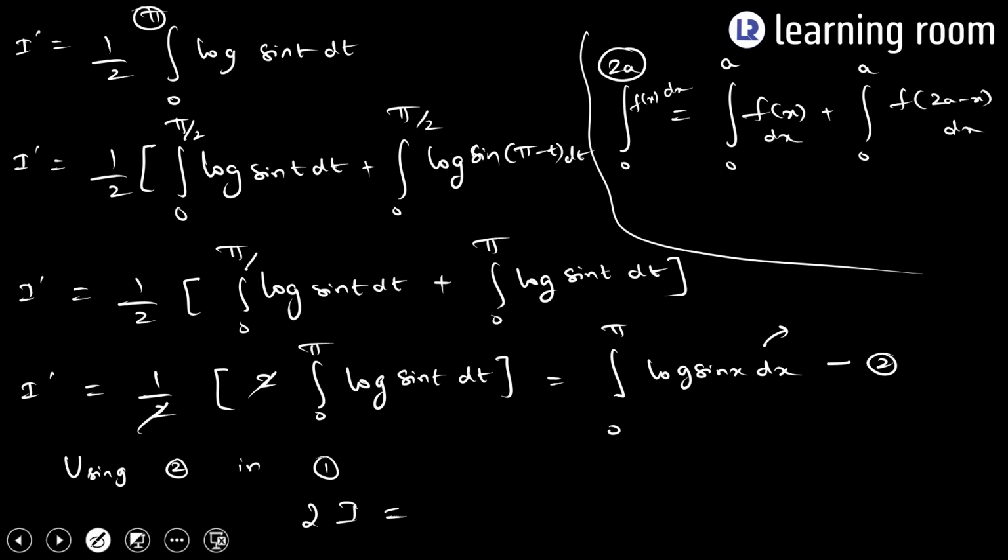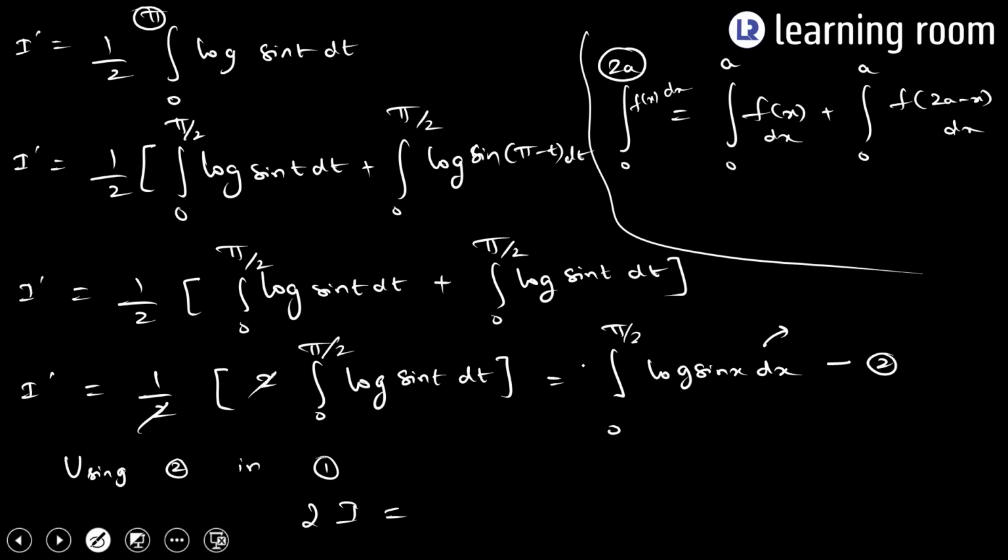Here I need to make it as pi by 2. What do you guys observe? 0 to pi, when I write it on right hand side, the upper limit should become half of 2a, no? So when pi is 2a, half of 2a is pi by 2, no? So it will be pi by 2, pi by 2. Here also it is pi by 2 and pi by 2.